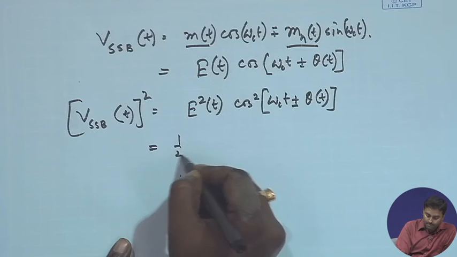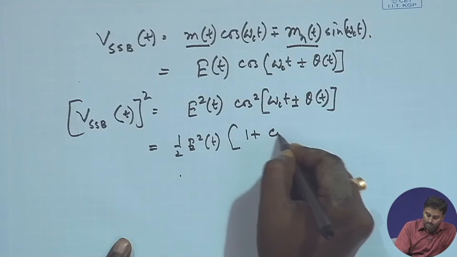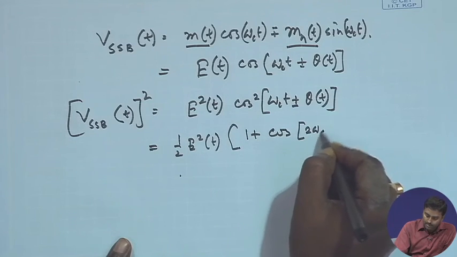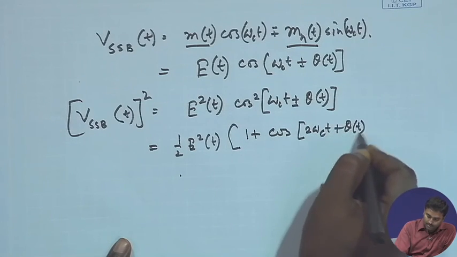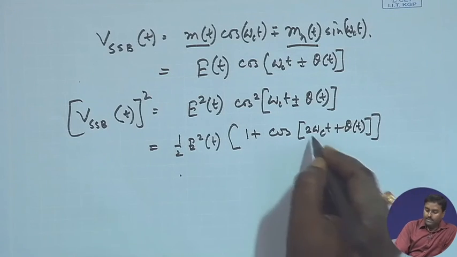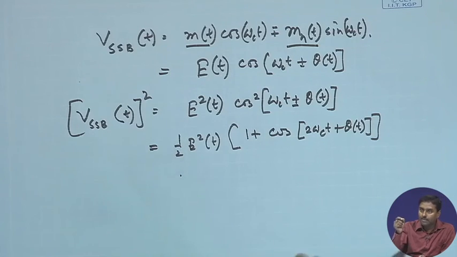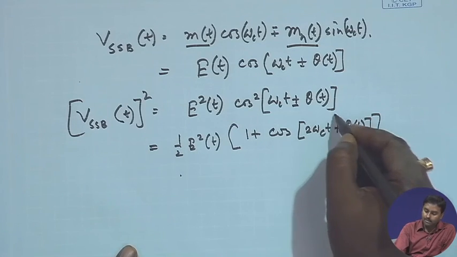Take half e²(t), I get 1 plus cos(2ωct + θ(t)). Now, this is around 2ωc. So, if I just put a narrow band pass filter, I will be getting this thing.